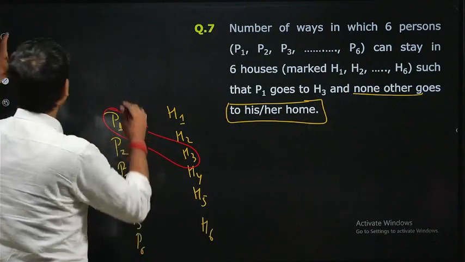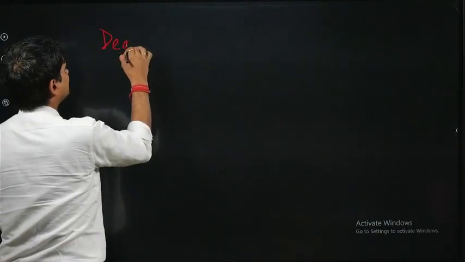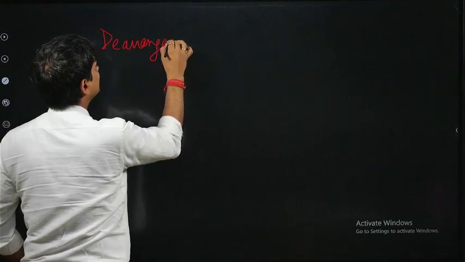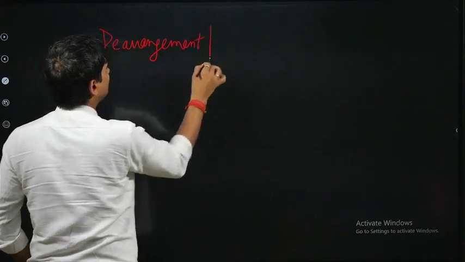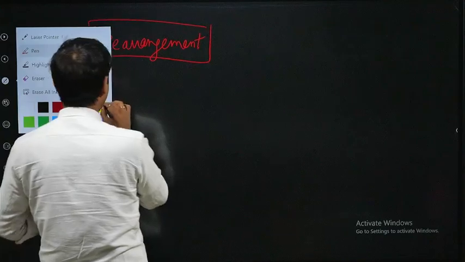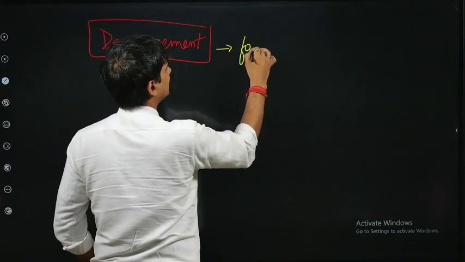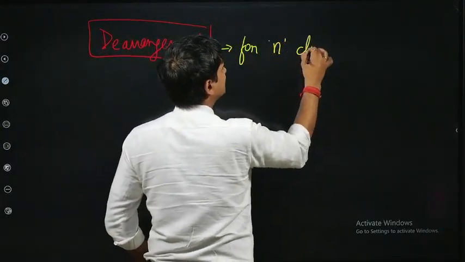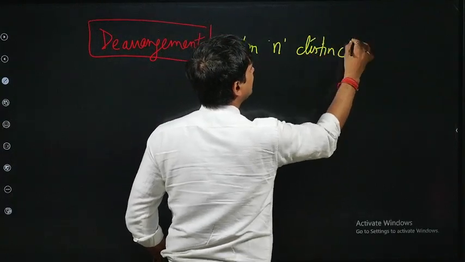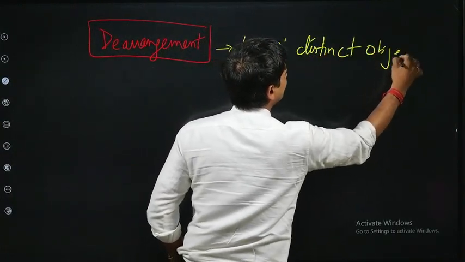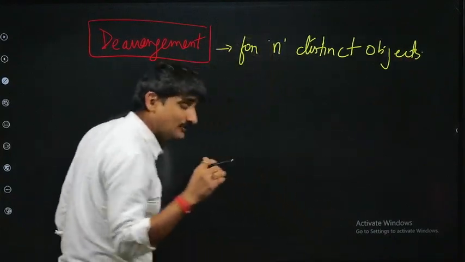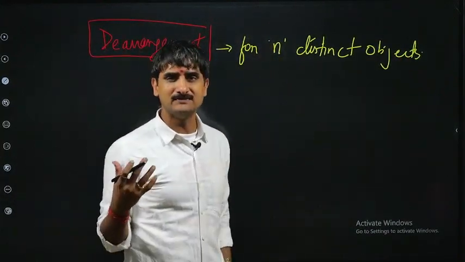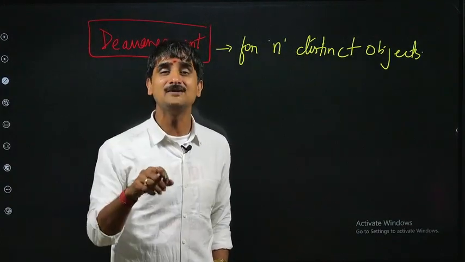Before I start, we should remember the formula for derangement. If we have to arrange n distinct objects, the number of total possible ways of arrangement is n factorial, but here we have to derange.